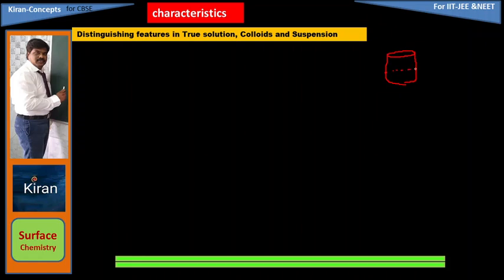For example, I am taking water and I am going to add one spoon of sugar. Sugar dissolves in the water, and you will get a solution that is called sugar solution.